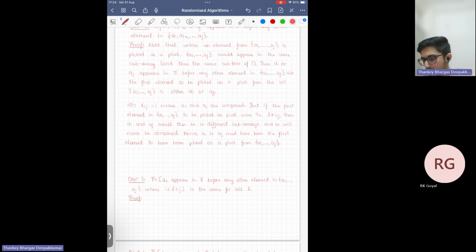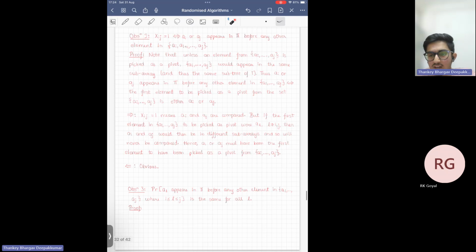So is this fine? Clear. So this proves one direction. Now for the other direction, this is obvious, right? Let's say this is the first element to be picked as pivot from this set.